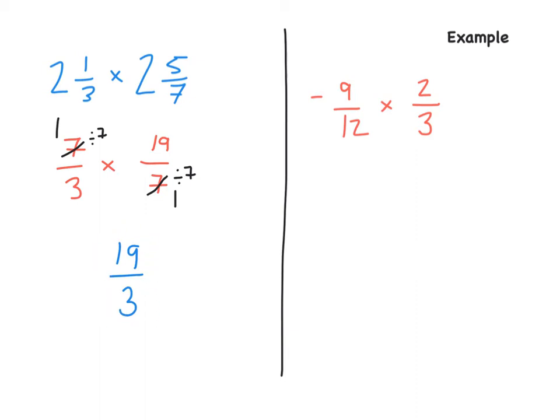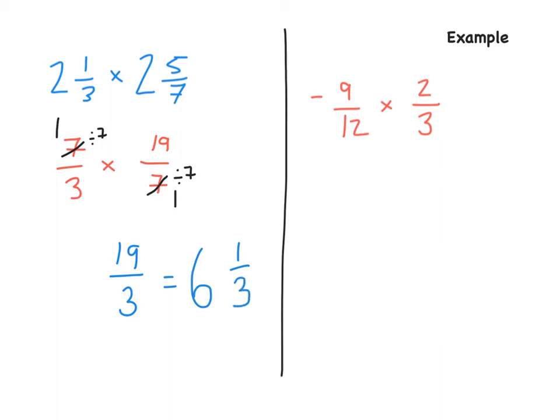But if we want to write it as a mixed number, how many times does 3 go into 19? 3 goes into 19 6 times with one left over, because 3 times 6 is 18, and from 18 to 19 there's 1 left over.